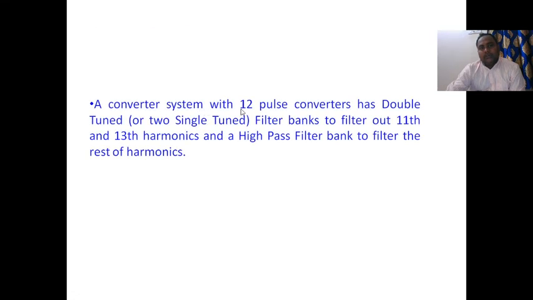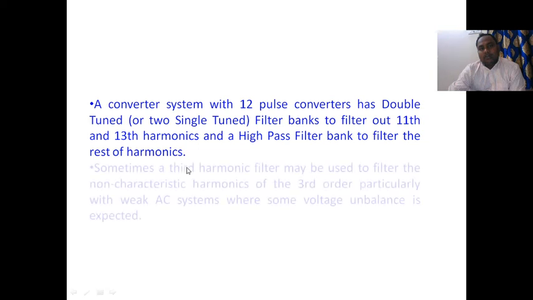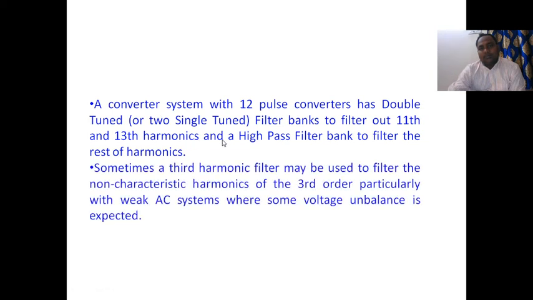A converter system with a 12 pulse converter has a double tuned or two single tuned filter banks to filter out the 11th and 13th harmonics, and a high pass filter bank to filter the rest of the harmonics. This is a very important point. In a 12 pulse converter, the 11th and 13th harmonics can be eliminated by two single tune filters or a double tune filter.